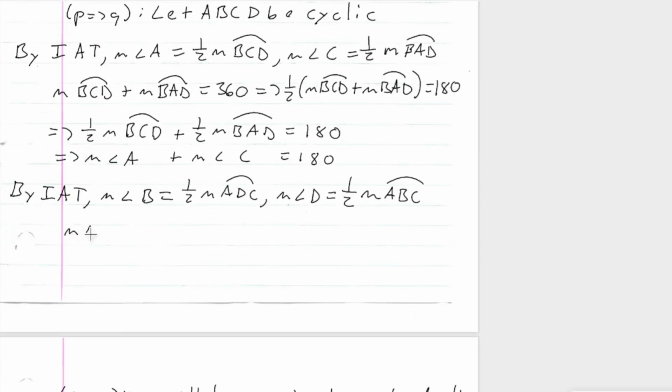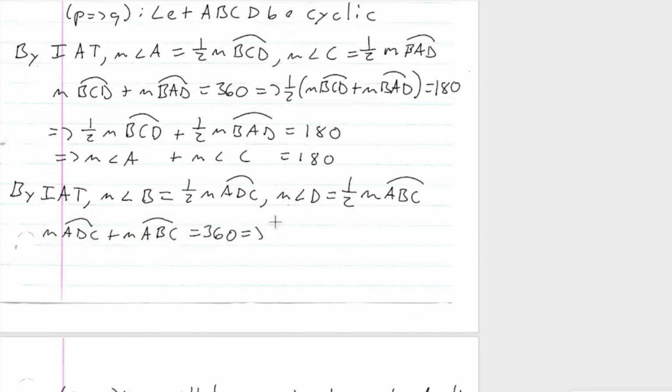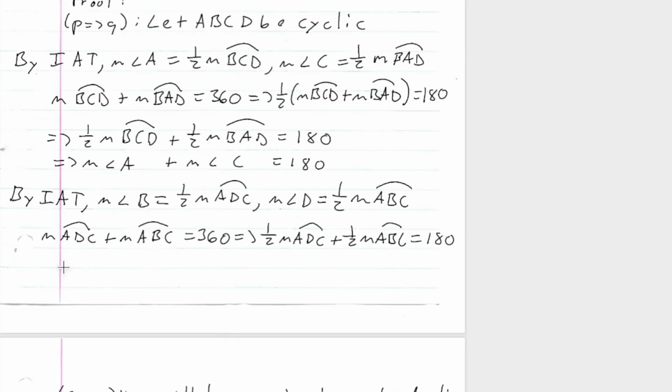If I multiply both sides by half, I get 1/2 measure of ADC plus 1/2 measure of ABC is equal to 180, which of course means that the measure of angle B plus the measure of angle D is equal to 180.